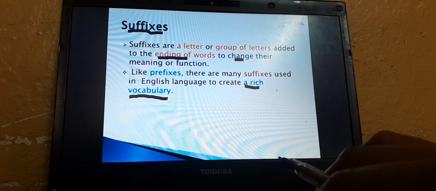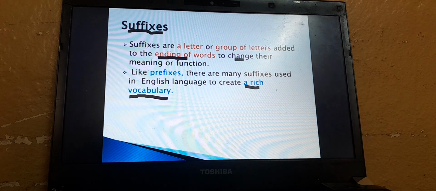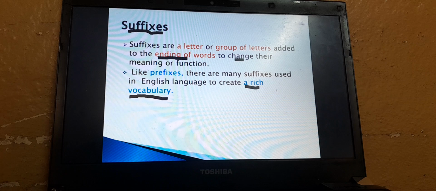So for that purpose, these suffixes are very helpful. It is advisable to read suffixes and use them in order to increase the level of your English language.